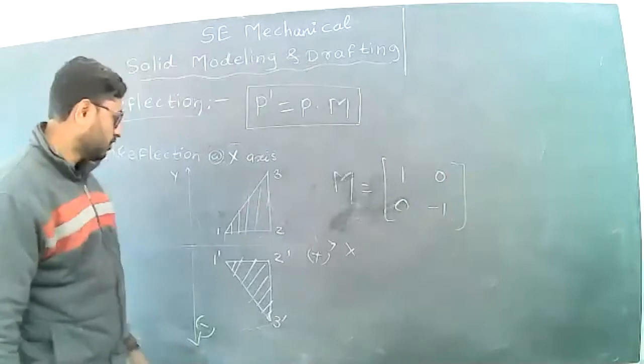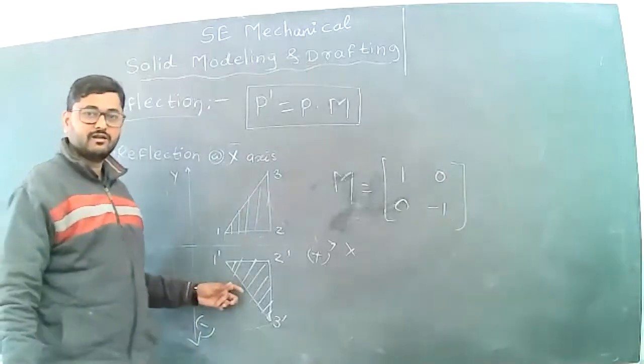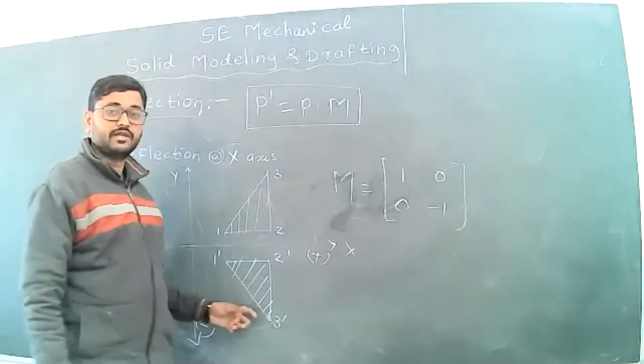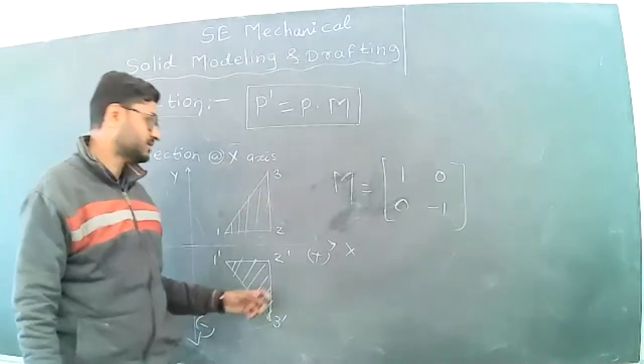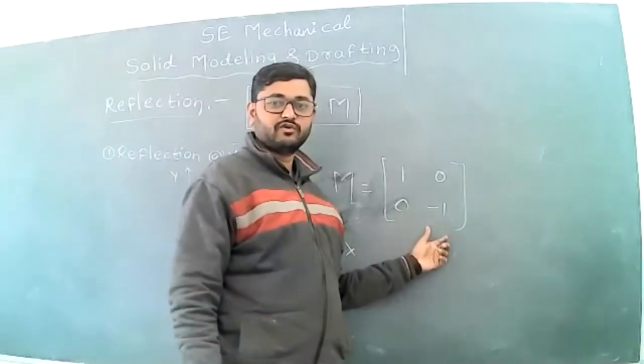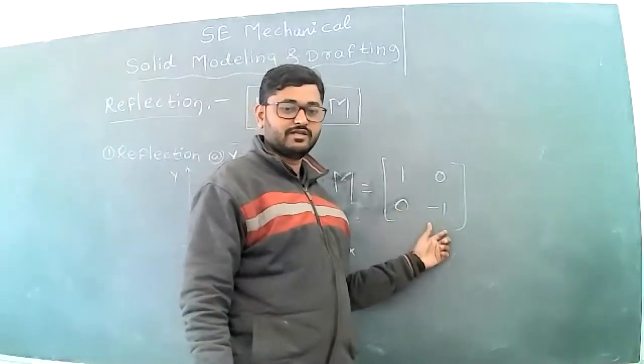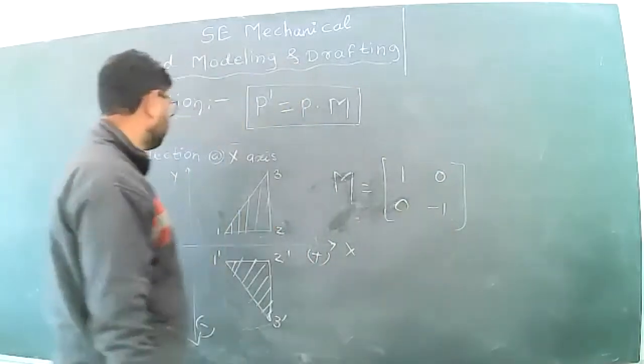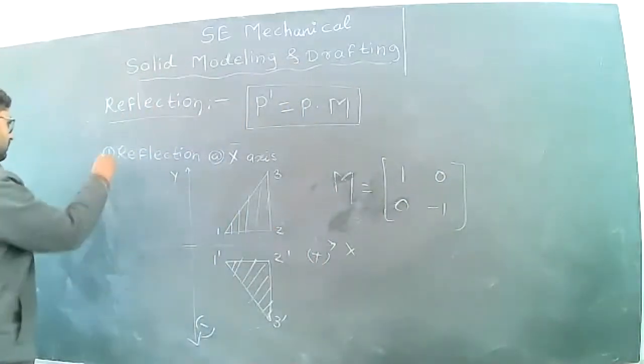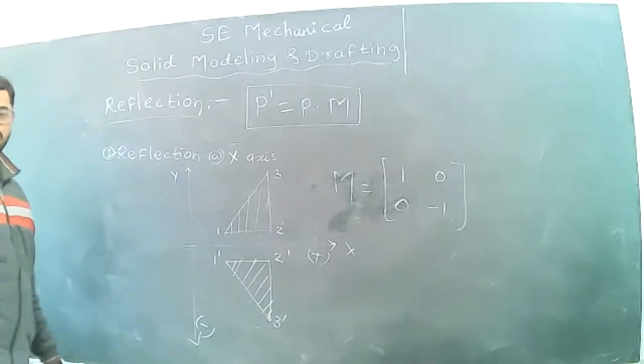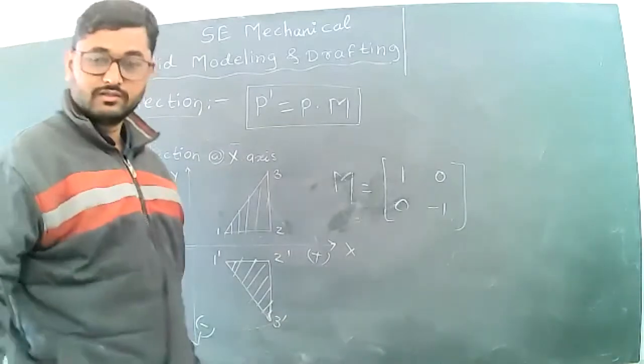Why minus 1? Because this reflected triangle is acting towards the negative y-axis. That's why we take the sign as minus 1. This one is the second condition of reflection.